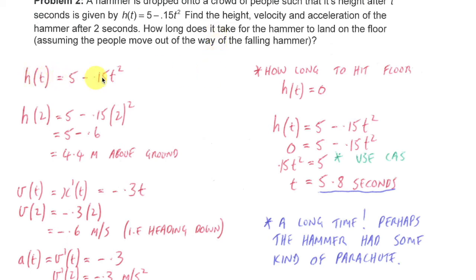So here's our h of t function. When we think about this hammer, it's only moving in a straight line, up and down. So it's straight line motion. And this h of t function could be easily written as x of t equaling 5 minus 0.15 t squared, where x of t represents the displacement of the hammer.